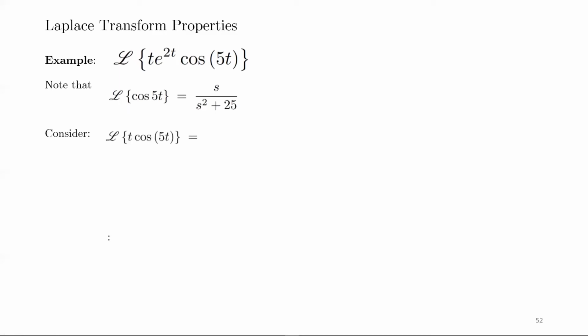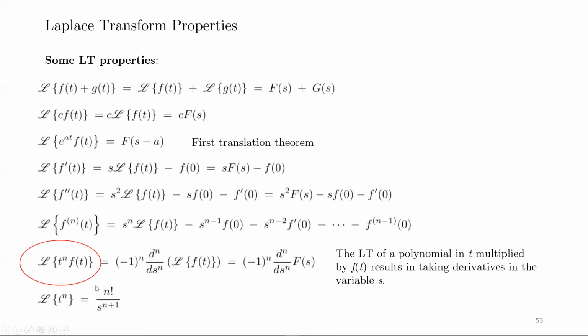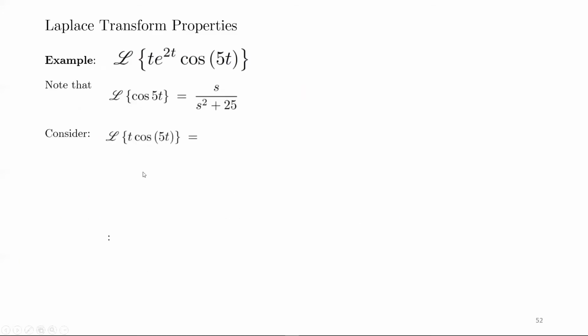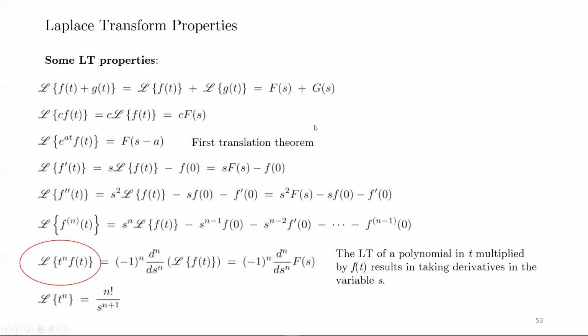Let's consider the Laplace transform of t times cosine of 5t, the product of a polynomial times this cosine of 5t. The property that I introduced down here tells me, first, that it's t to the power of 1, so in this case n is equal to 1. So we get negative 1 to the power of 1, so negative 1, times the first derivative, d over ds, of the Laplace transform of the original function.